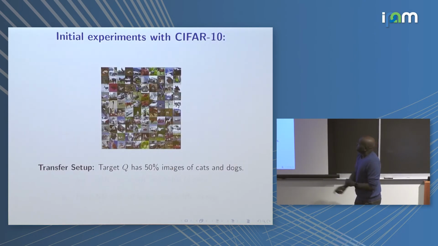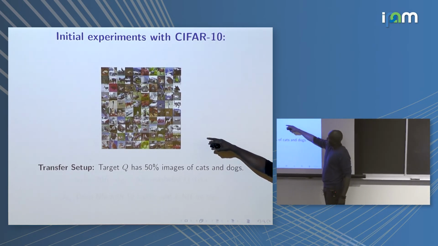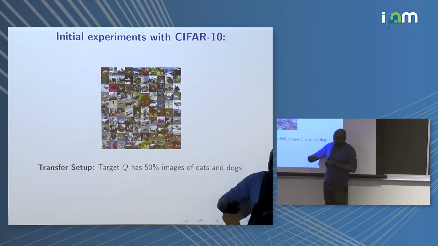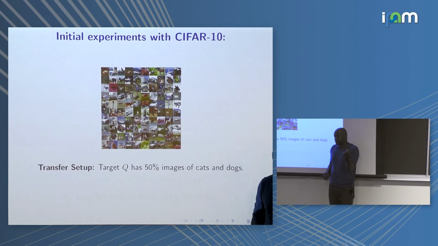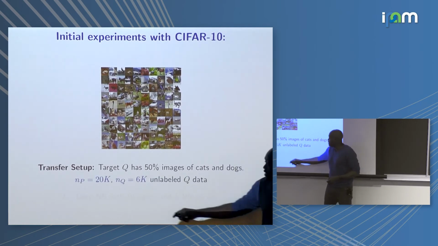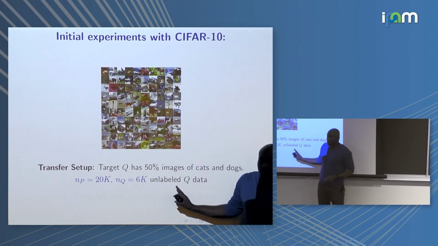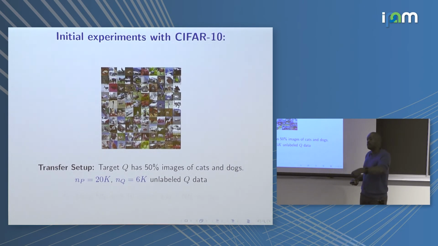Okay, here is how it does. These are experiments on CIFAR-10. In this experiment, the target data is 50% images of cats and dogs, and the source data has less than 1% images of cats and dogs. We have 20,000 source and 6,000 unlabeled target, and we want to label as few target data as possible.